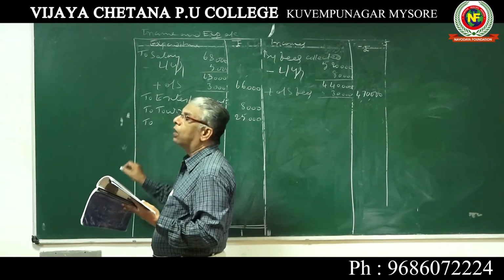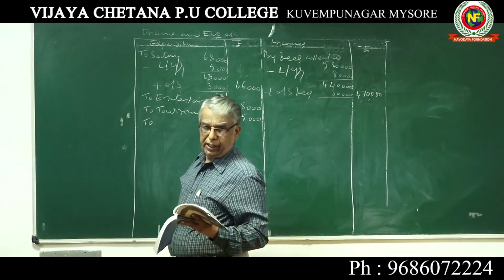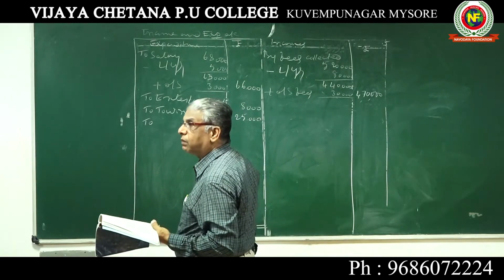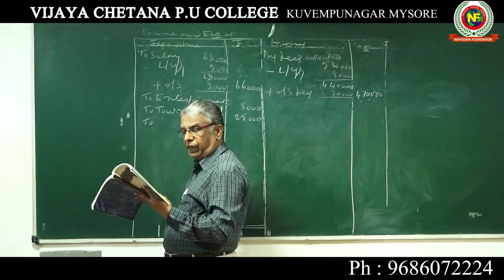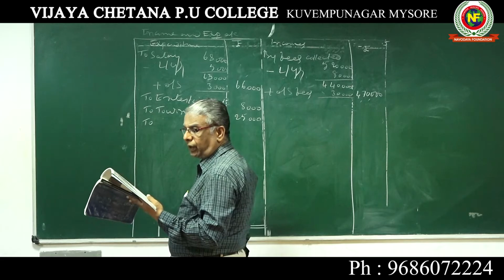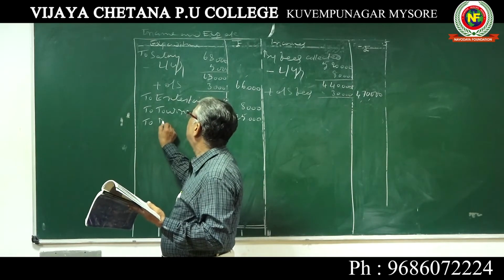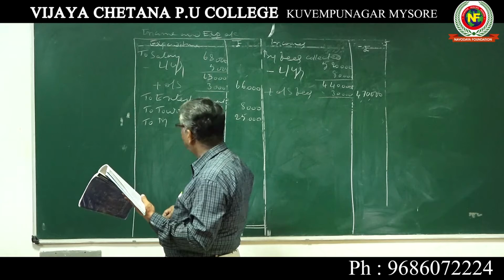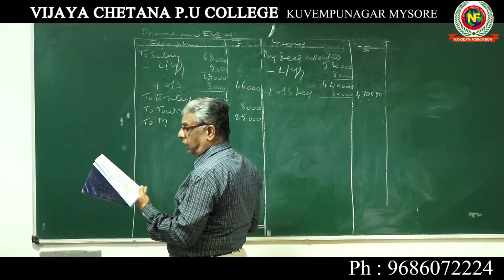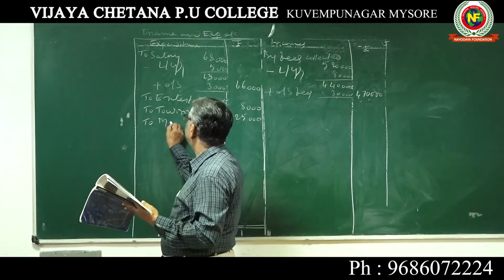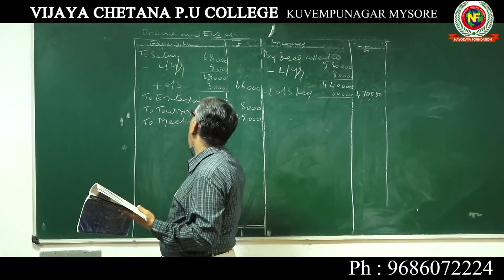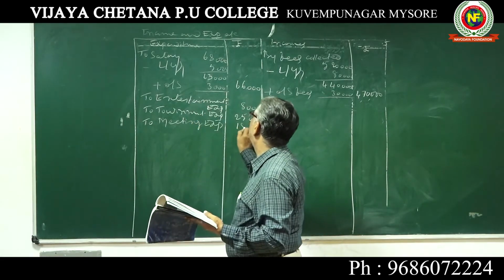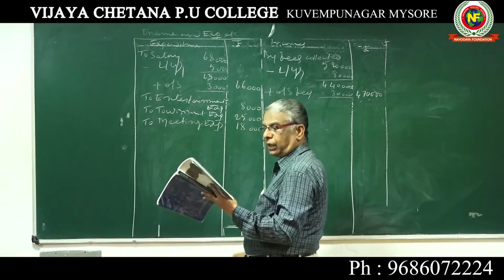Meeting expenses. As you know, they are supposed to conduct a meeting every month or once in 2 months or once in 3 months. So what is the expenditure incurred in connection with this meeting? We are going to call it meeting expenses. Meeting expenses are 18,000.